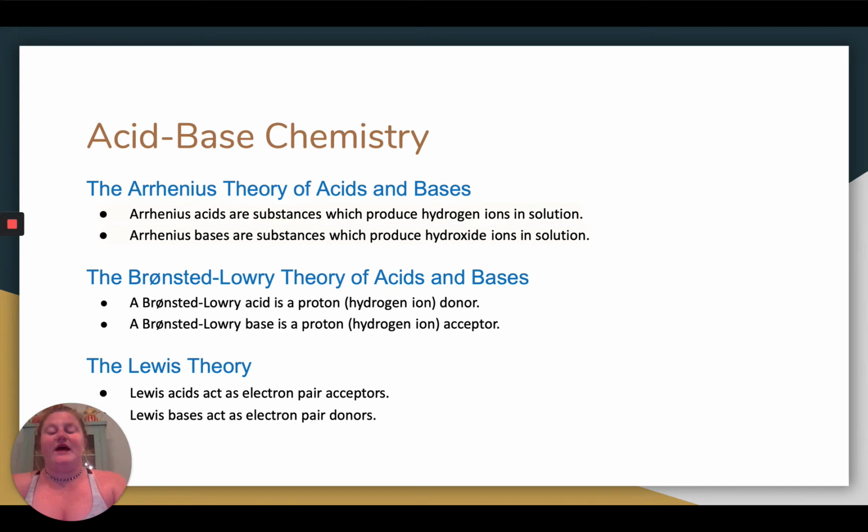In the Bronsted-Lowry theory of acids and bases, an acid is a proton, or hydrogen donor, and a base is a proton or hydrogen ion acceptor. In the Lewis theory, an acid acts as an electron pair acceptor, while a base acts as an electron pair donor. In the following video, you'll be able to see a visual example of these different theories.